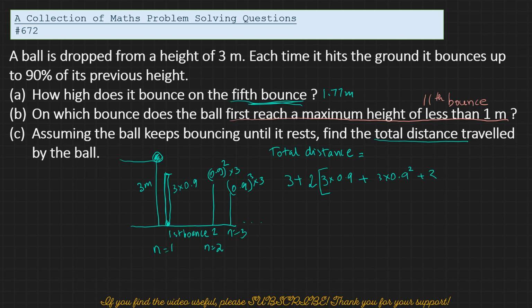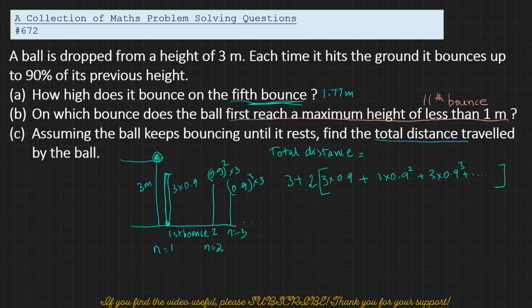Then I can continue with my sequence. So plus 3 times 0.9 cubed, and so on to infinity, because we don't really know how many bounces it will be until the value becomes 0, or the ball stops bouncing. So this we can write as a sum to infinity in a geometric series.